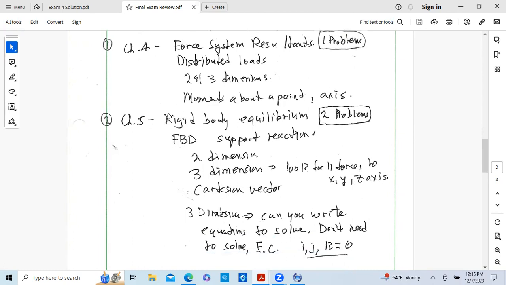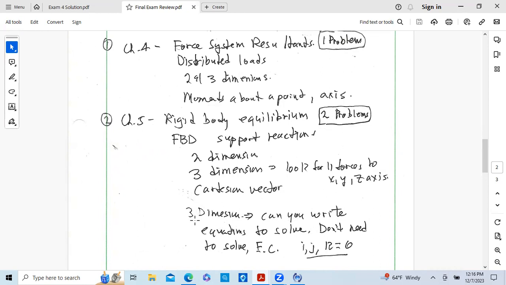And the other 3-dimensional problem that I can ask is, can you write the equations to solve this 3-dimensional problem? And it could be 3 cables supporting a weight, 3 links supporting some weight or some force acting on this.